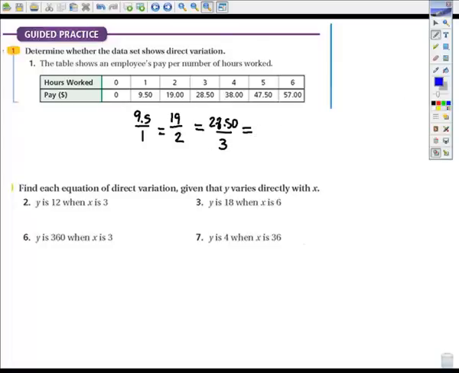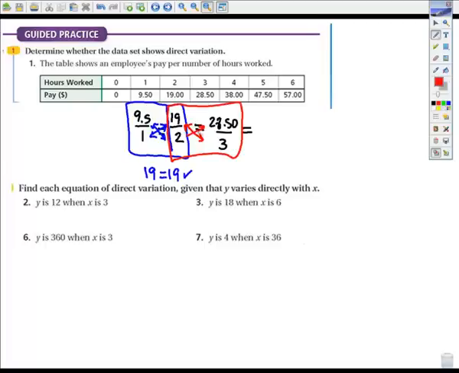So what I can do is make sure, for example, that these two ratios are equal by doing cross products. This is one of the easiest ways. 9.5 times 2 is 19, and 1 times 19 is 19, so it works. Let me use a different color here. I could do the same thing with these two ratios in the proportion.